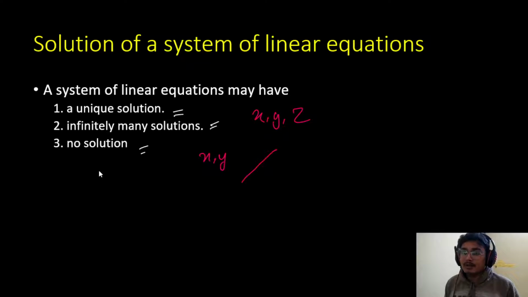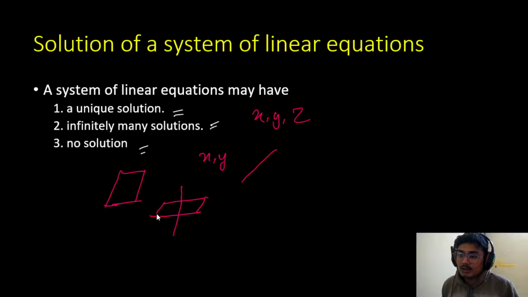But when we have three variables, the equation will be of a plane. I hope this is clear to you. Let's say this is the x, y graph, so this is the equation of the plane. This thing is the plane.